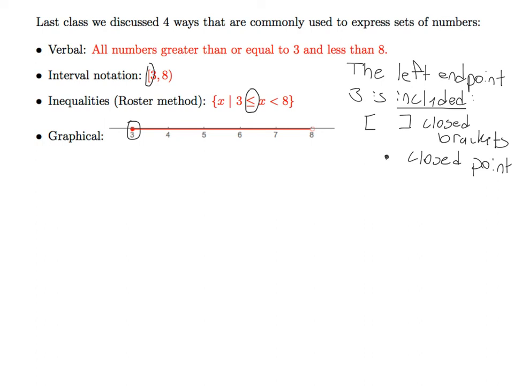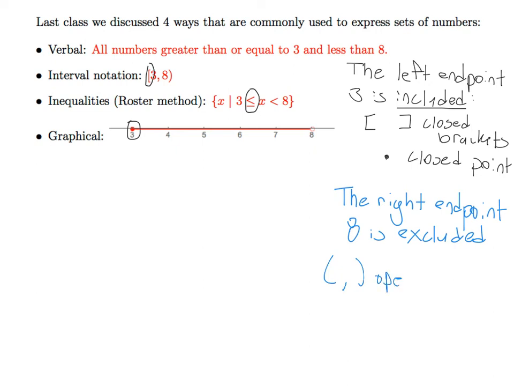And on the other hand, when we have the right endpoint, 8, this is excluded. And so when we exclude endpoints, we use open parentheses if we're using interval notation, and we use an open point if we're doing this graphically.